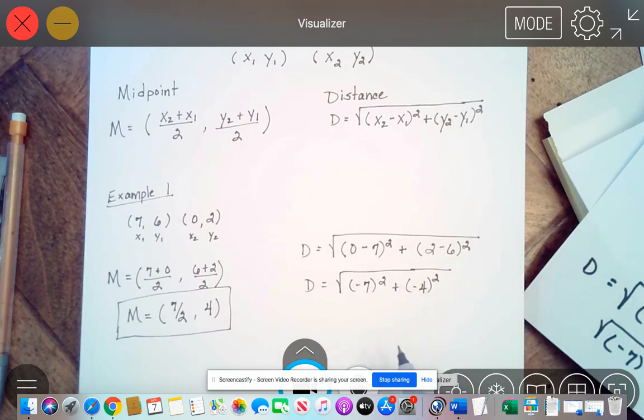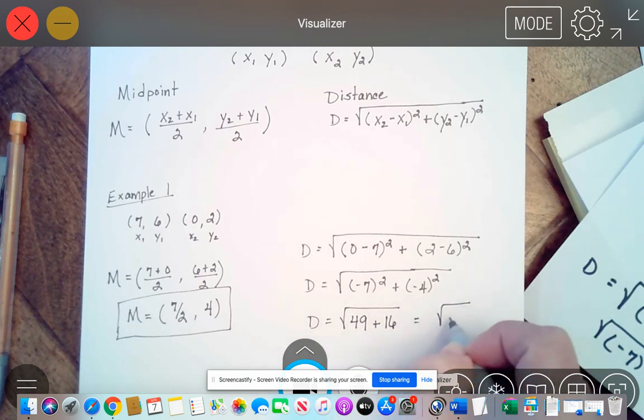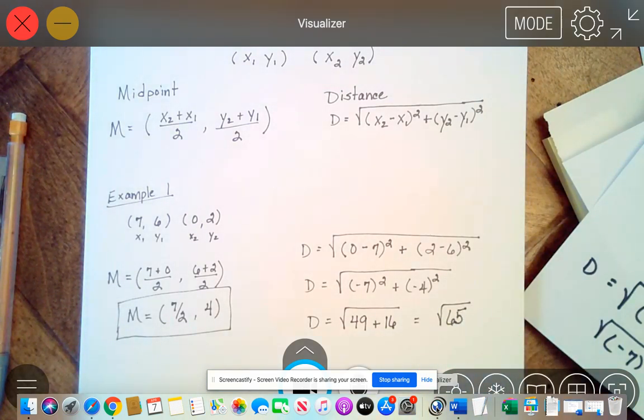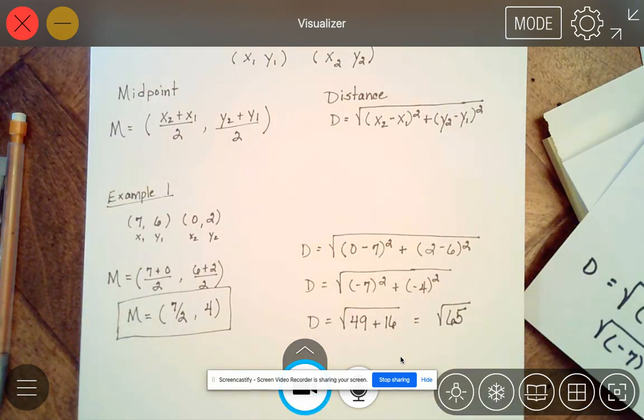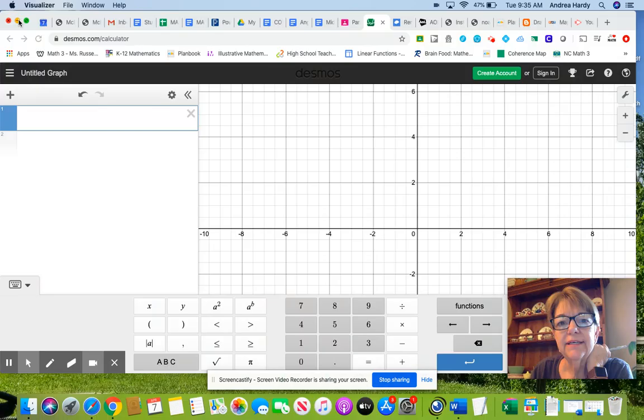And we all know that when you square a negative number, negative times a negative becomes a positive. So negative 7 squared is 49. Negative 4 squared is 16. That is the square root of 65. You can leave it like that. If you have a calculator and you want to estimate that, that would be fine.